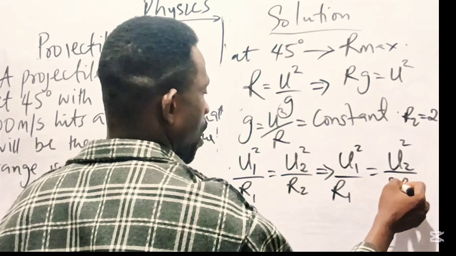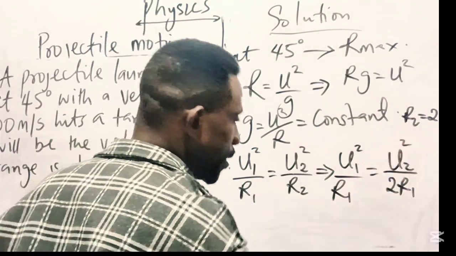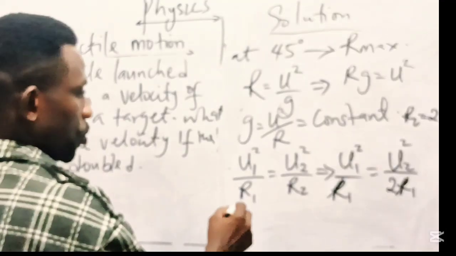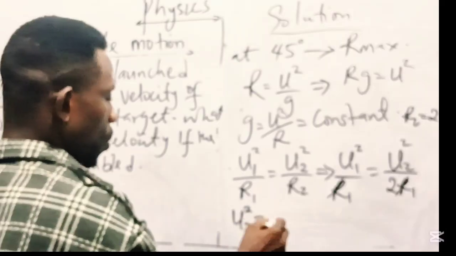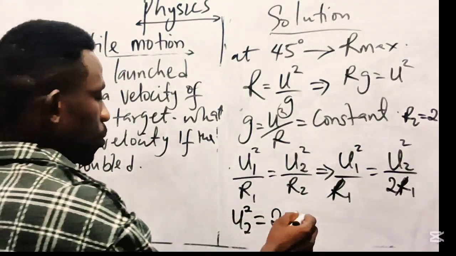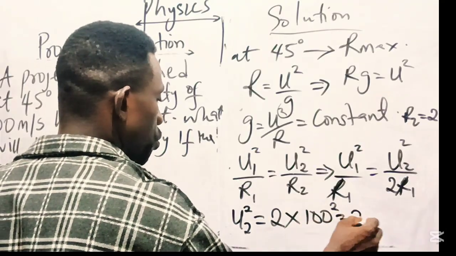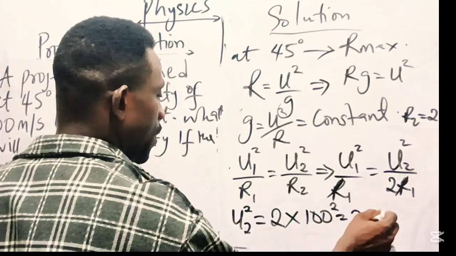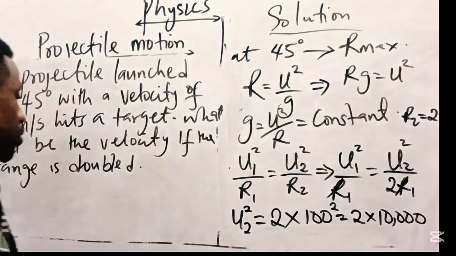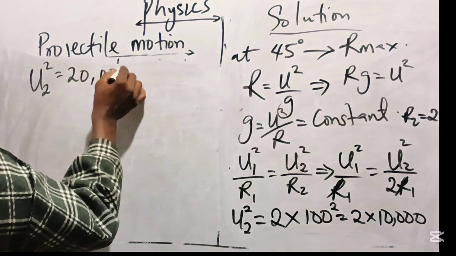So we cancel out R1, and we have U2 squared is equal to 2 times U1 squared, where U1 is 100 meters per second. 100 squared is 10,000, and 2 times 10,000 is 20,000. So U2 squared is equal to 20,000.